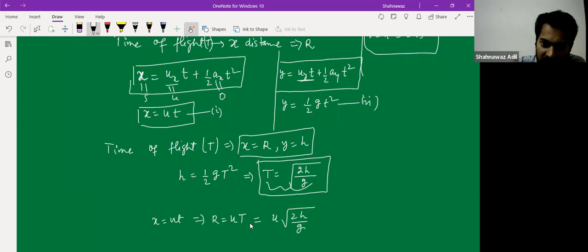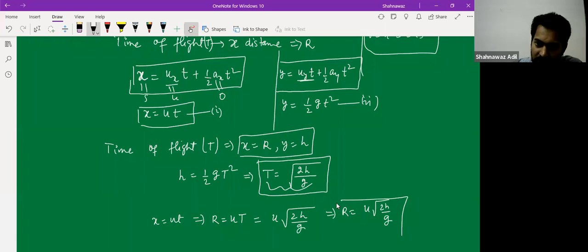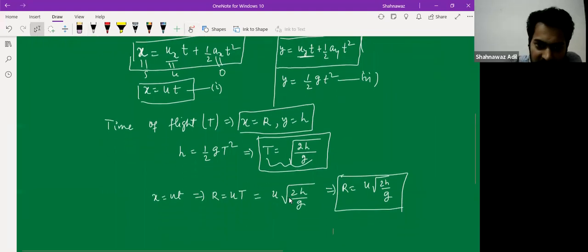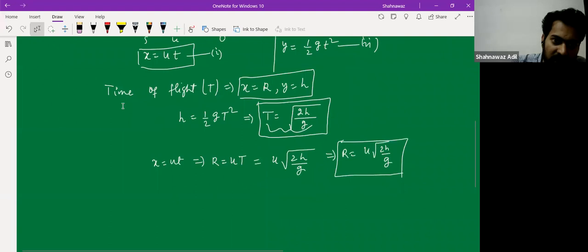So R is U root over 2h by g. Okay, understood up to this point? Yes, sir. So this was the time of flight, and this was the range.